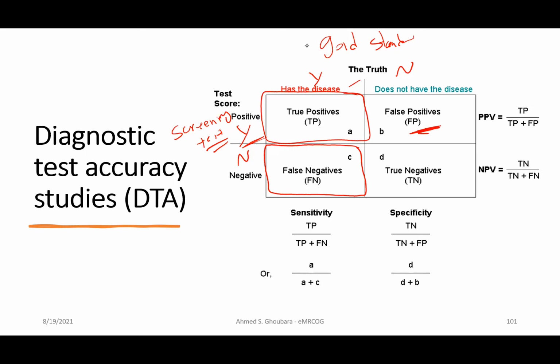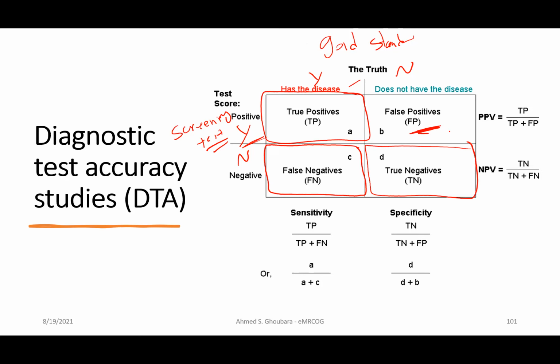And lastly, we have the true negative, where the screening test, the ultrasound less than 4 millimeters, said the result was negative, and the histopathology confirmed those results, that there is no pathology in the endometrium.